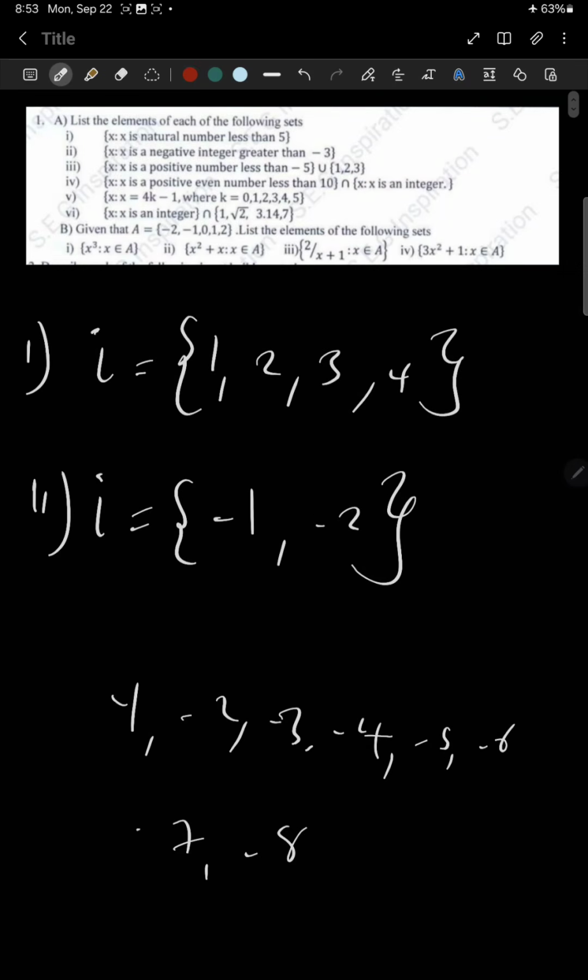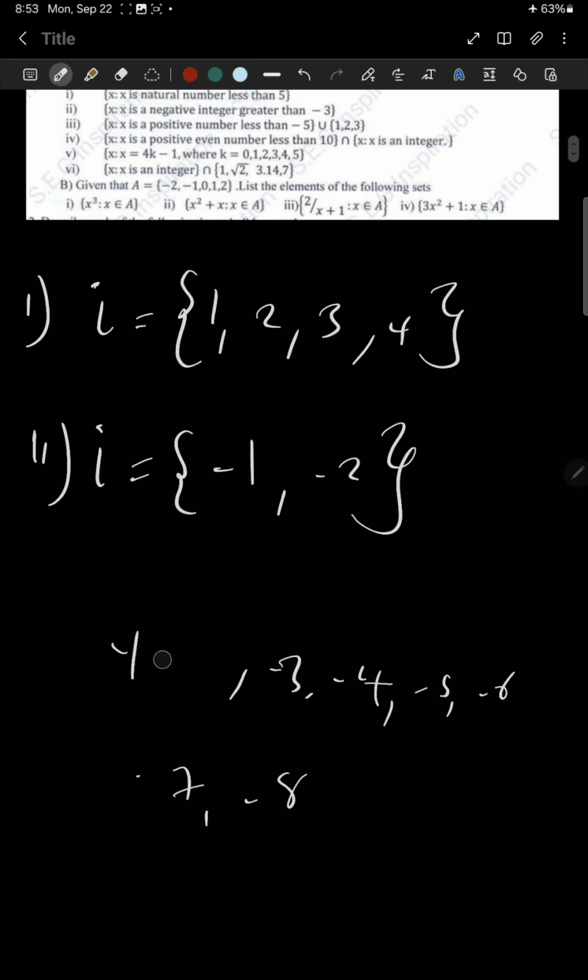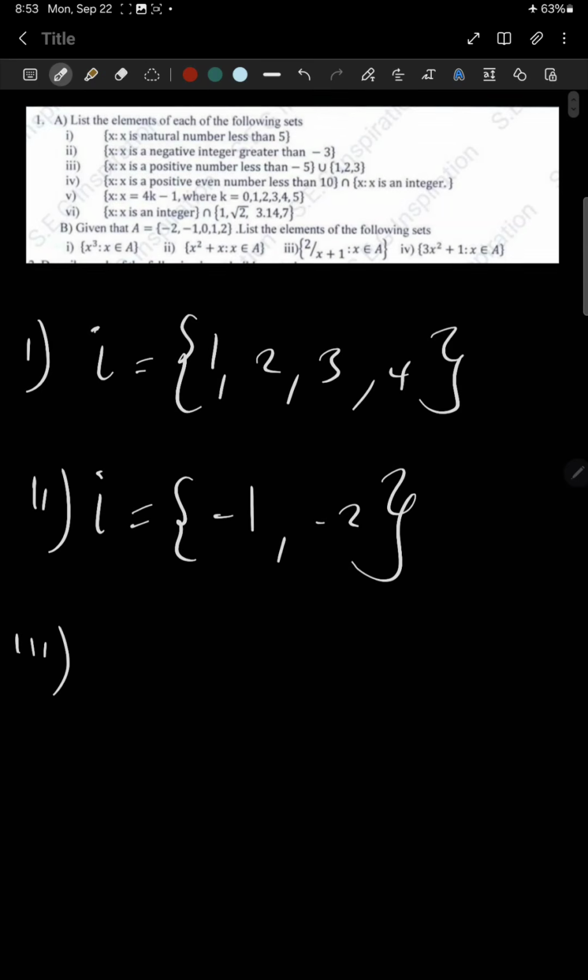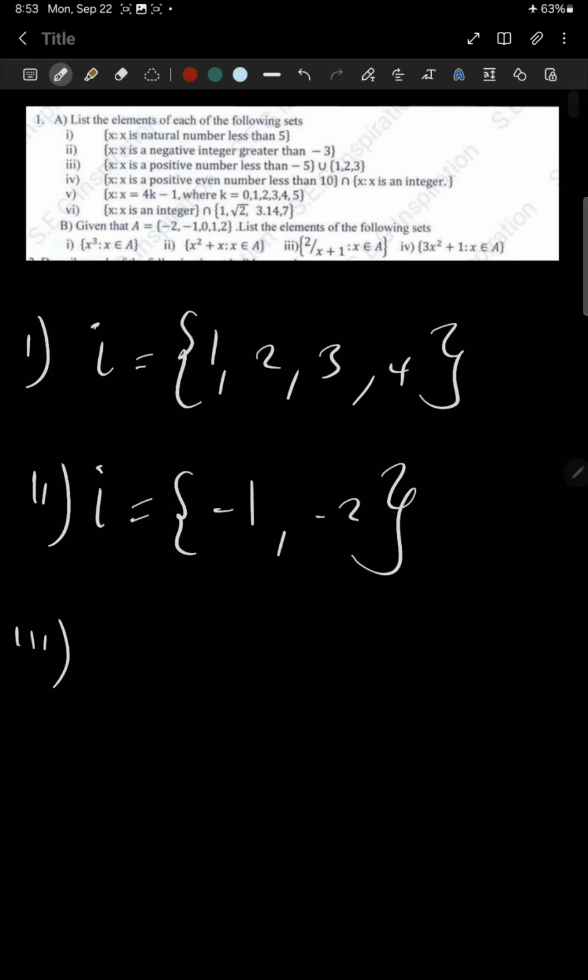Then we have number 3. We are listing here. So number 3, we have x such that x is a positive number less than -5 union 1, 2, 3, right?